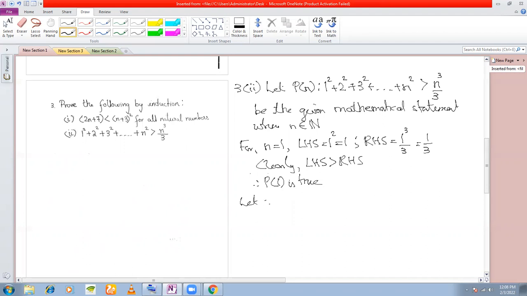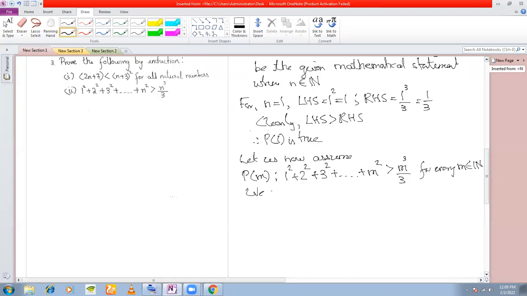Let us now assume Pm: 1 square plus 2 square plus 3 square up till m square is greater than m cube by 3 for every m belongs to n. We shall now show that Pm plus 1.